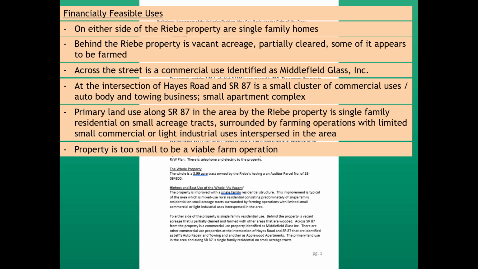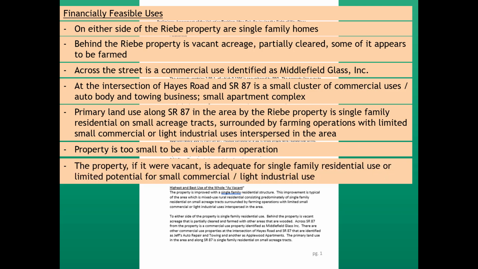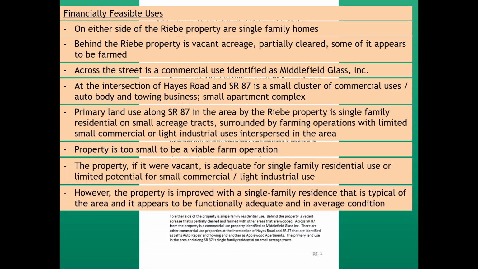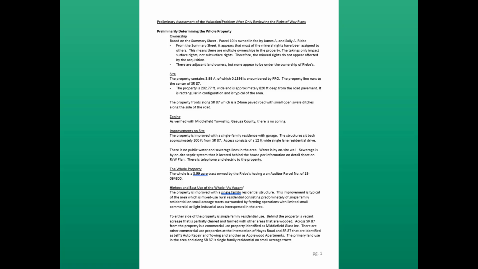The property is too small to be a viable farm operation. The property, if it were vacant, is adequate for single-family residential use, or it does have limited potential for small commercial or light industrial use. However, property is improved with a single-family residence that's typical of the area. It appears to be functionally adequate and in average condition, so it's not probable that the house is going to be torn down so the site can be developed with another use.